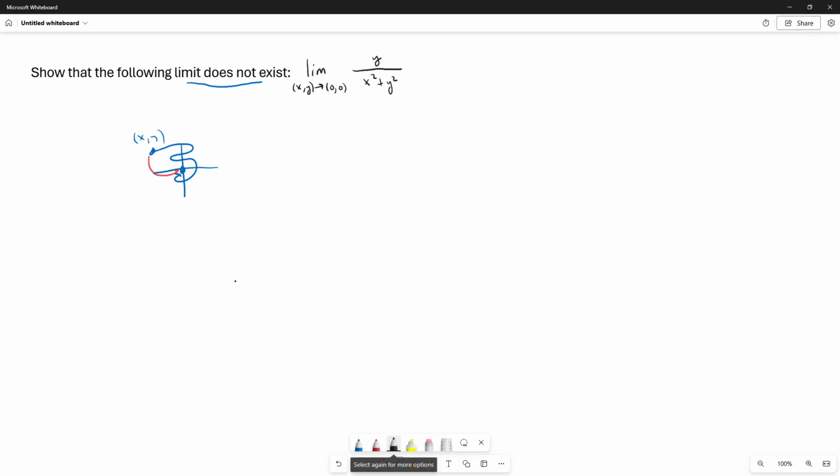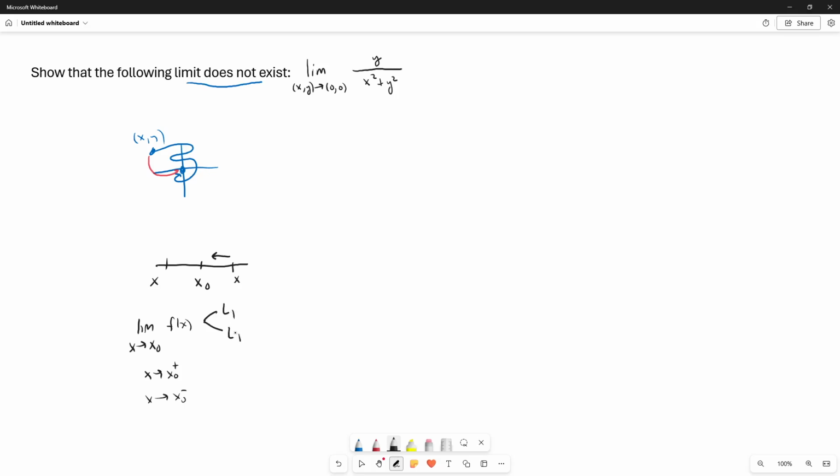It's similar to the one variable case, where if x is approaching x0 and we're taking the limit of f of x, then that limit would not exist if the left-sided limit and the right-sided limit offered different values.